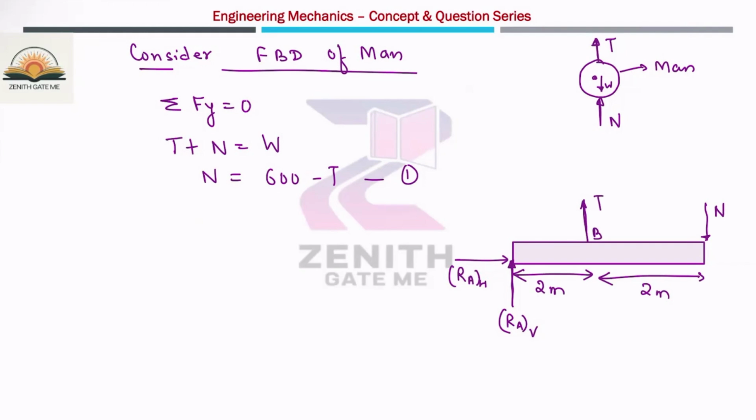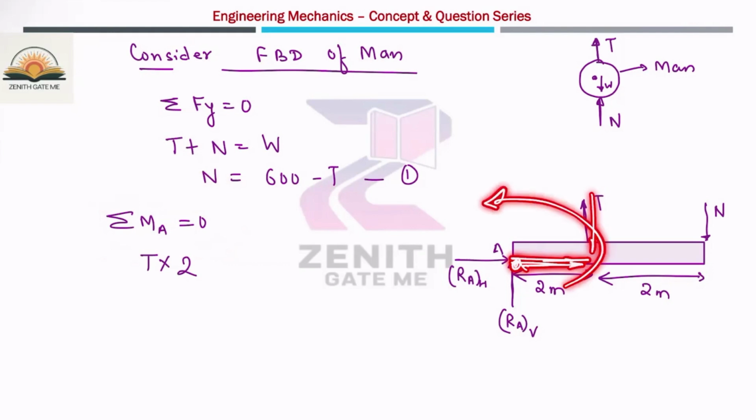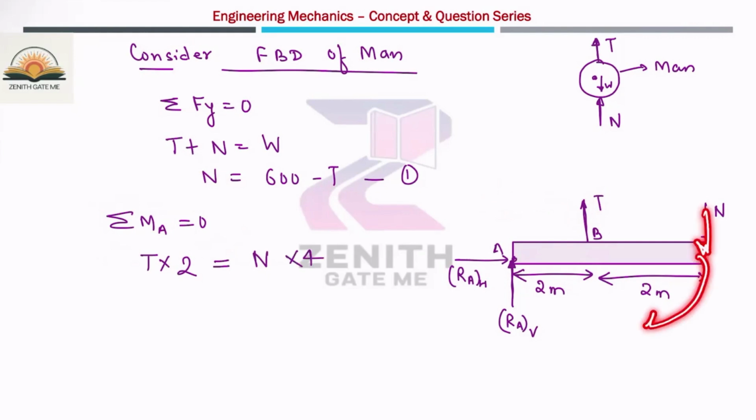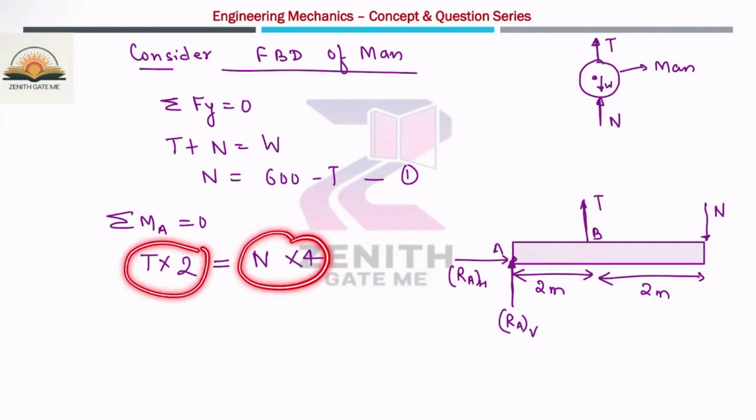If you take the summation of moment about A equal to 0, the tension into 2, taking moment about point A, force into perpendicular distance, creating an anti-clockwise moment, is equal to N into 4, creating a clockwise moment. So T into 2 minus N into 4 is equal to 0. Once you take this value to the right hand side, it will become positive. So the tension value is nothing but 2N.